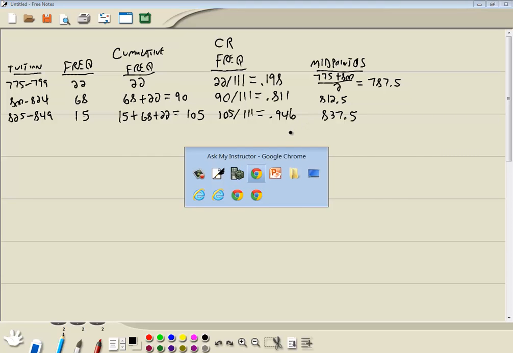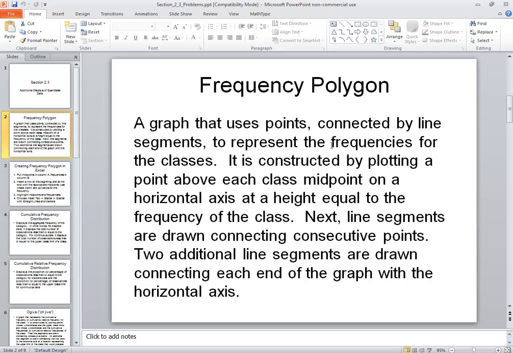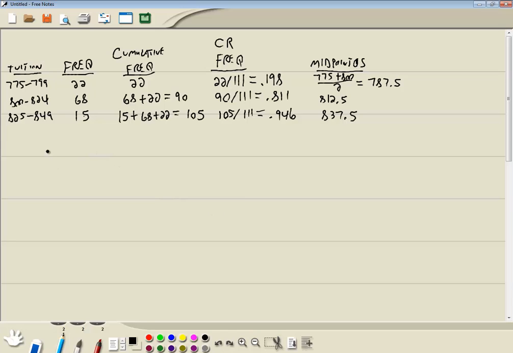Okay, use points connected to represent frequencies, because I plotted a point at each class midpoint equal to the frequency. So to graph that, here's 787.5, here's 812.5, and here's 837.5.